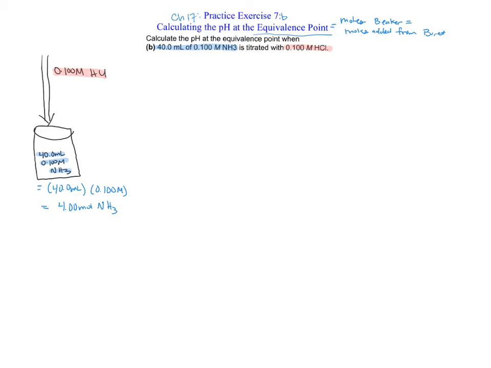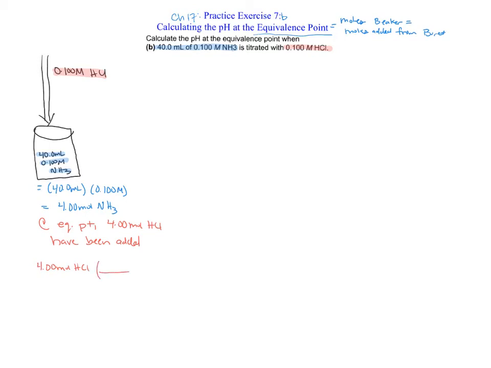And then I'm told I'm at the equivalence point. So that means 4.00 millimoles of HCl have been added. So if I added 4 millimoles of HCl, let's figure out what that volume is.